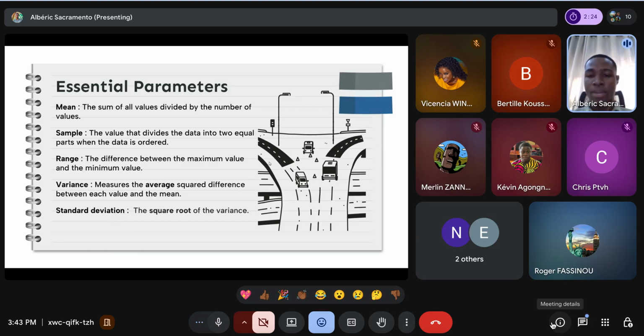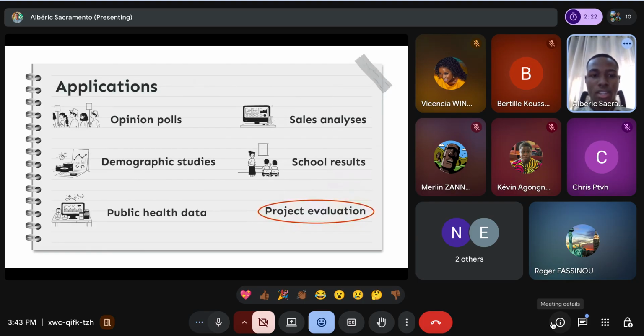Let's discuss applications. We can apply statistics in many domains like opinion polls. We use statistics in opinion polls to describe the choices made by the respondents. We also use statistics in sales analysis to take decisions about market evolution.